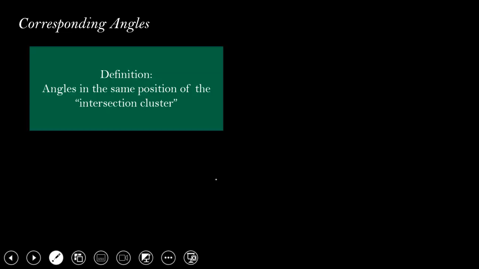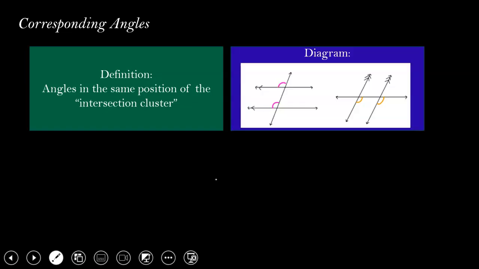This next page is a whole bunch of definitions of different types of angles formed by a transversal. The first type is corresponding angles. Corresponding angles are angles that are in the same position of the intersection cluster. So in this diagram, the pink angles are in the upper left of each cluster cut by that transversal.